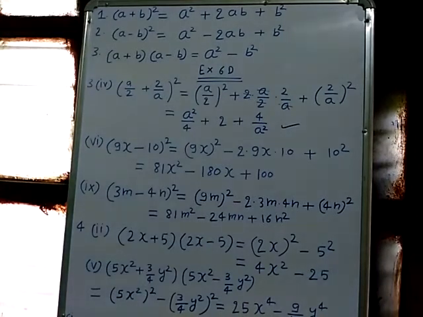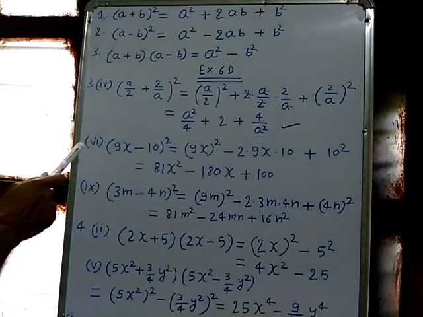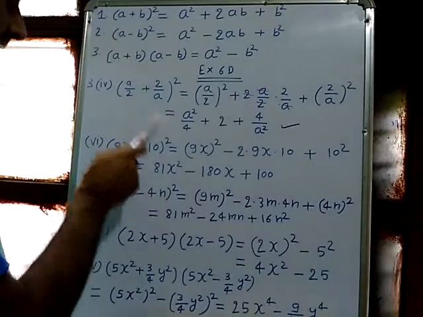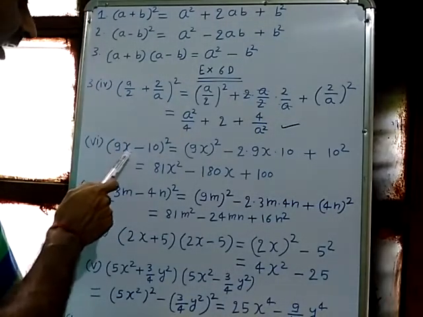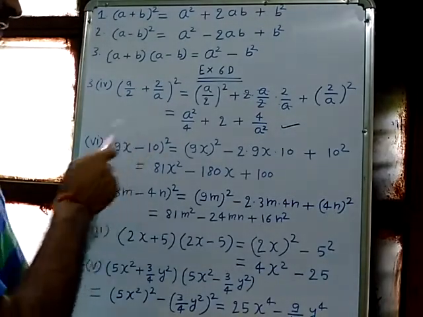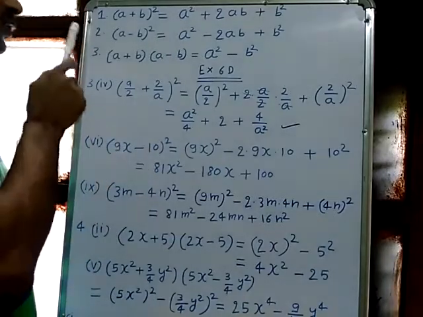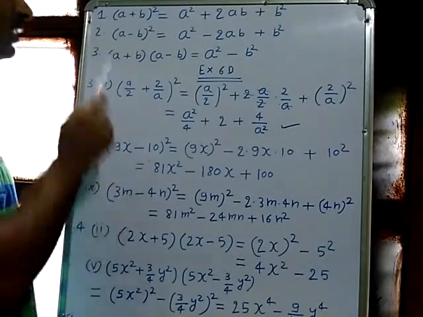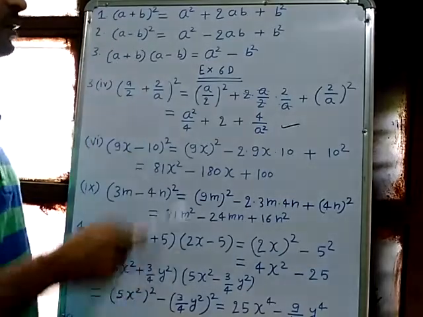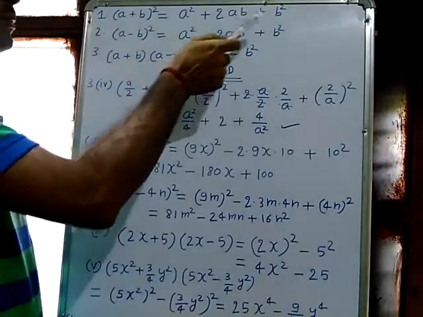Next, its sixth part, question number 3, its sixth part. Expand 9x minus 10 the whole square. First of all, you need to recognize which identity applies: a minus b the whole square. What is it? A square minus 2ab plus b square.